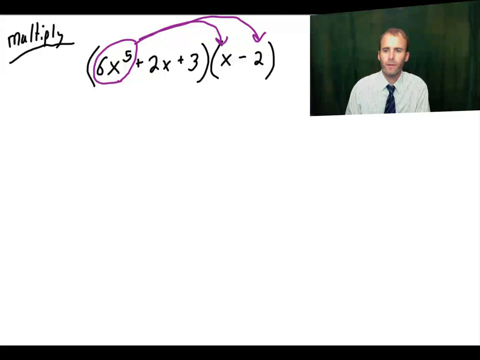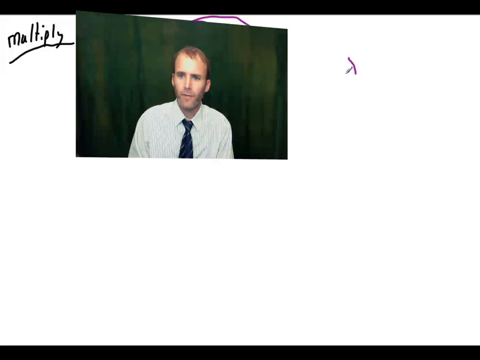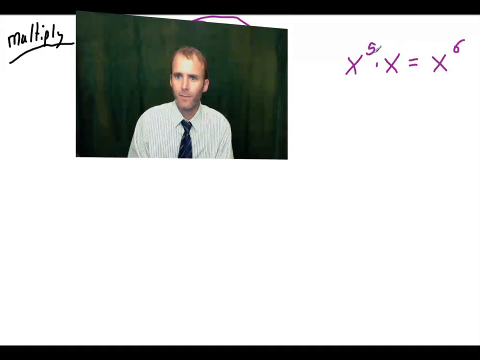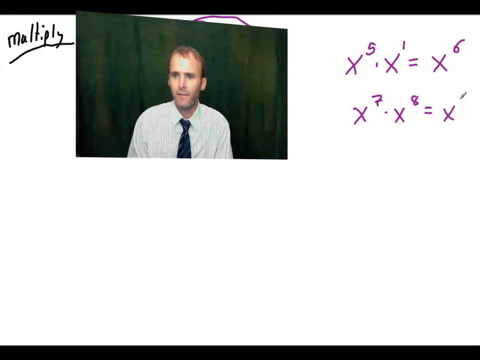Well, one thing that we're going to come over here and show is before, we have to remember that if we have x to the 5th times x, that's equal to x to the 6th because we add the exponents. So like x to the 7th times x to the 8th is equal to x to the 15th.